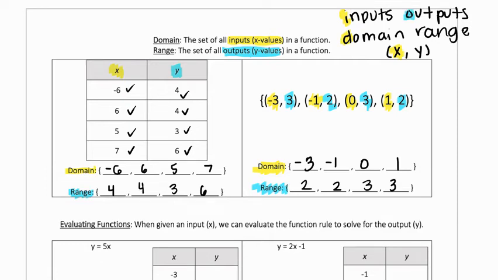Whereas output, I is before O, so O is the second letter. Range, R comes after D, and Y comes after X. So all of those are the second part. So if you're struggling to remember which goes with which, the inputs always come first and outputs will always come second. Think about your alphabet there to help you remember what order to put them in.